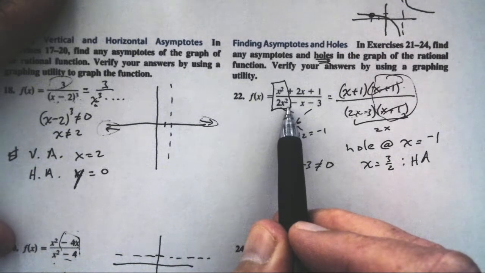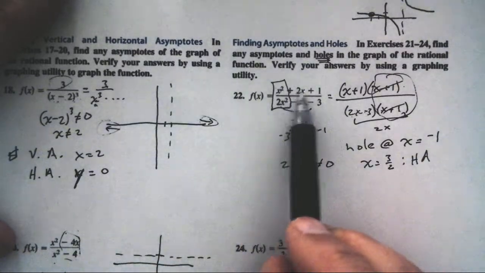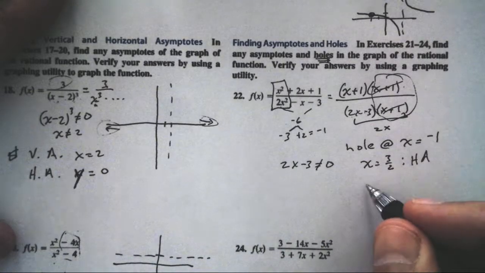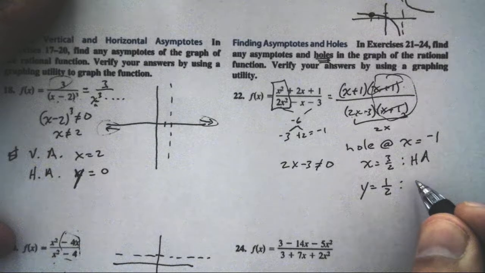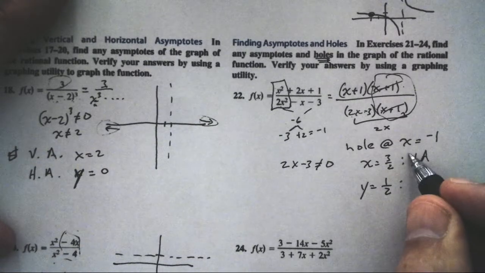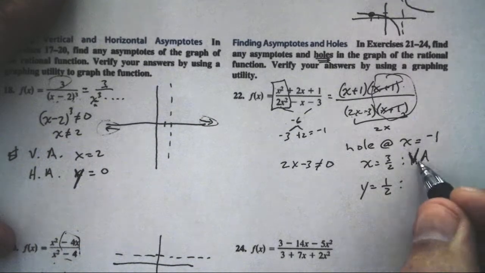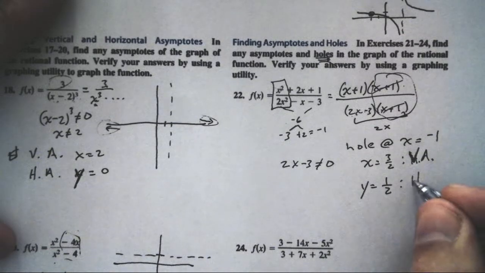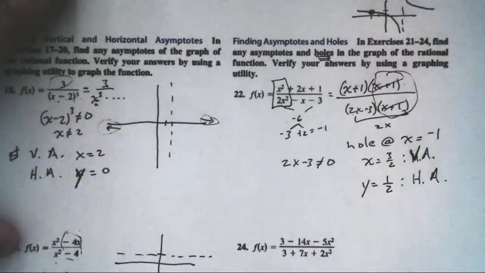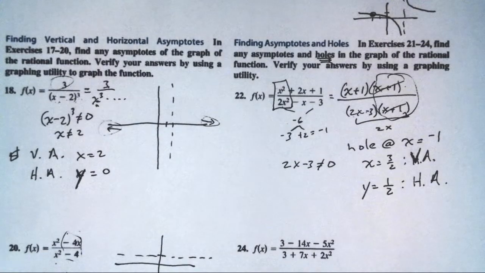Cancel the x squared, the graph wants to look like 1/2, but it never quite does. So y equals 1/2 is our horizontal asymptote. Vertical asymptote x equals 3 halves, and y equals 1/2 wants to be our horizontal asymptote.